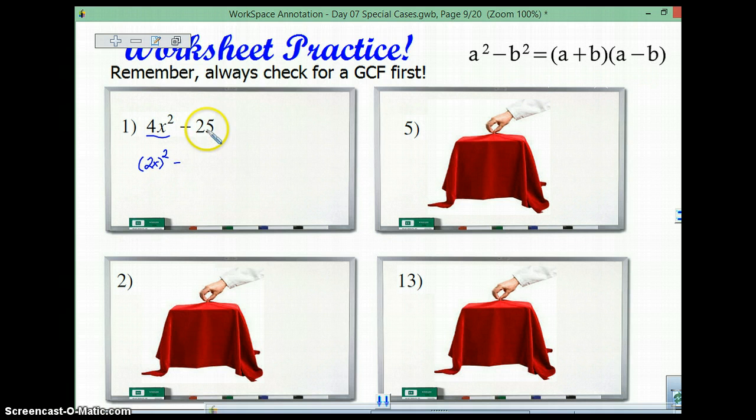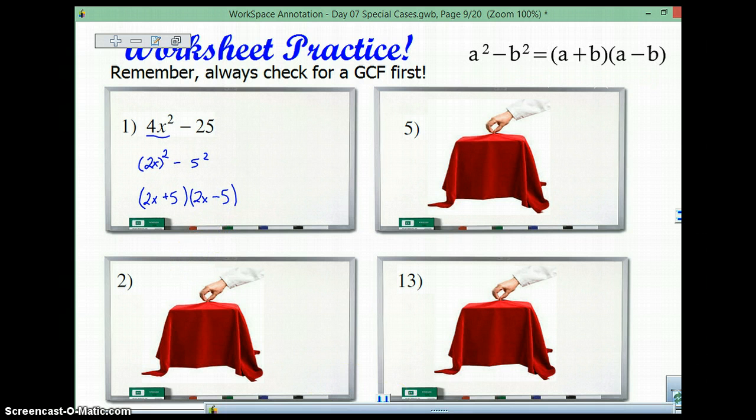How can we rewrite it so that we can see what b is? We write it as 5 squared. A squared minus b squared. Once you've got that, the answer is simple. a plus b times a minus b.